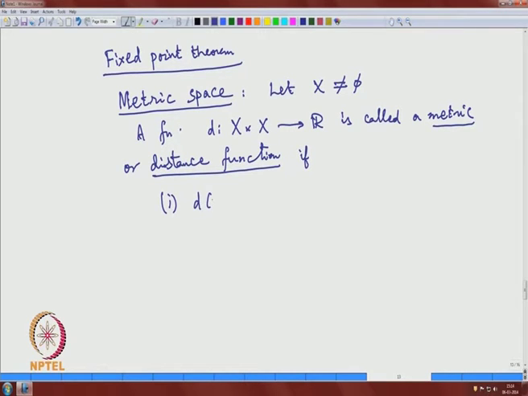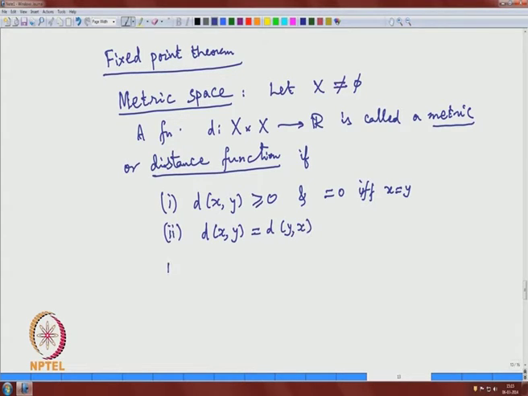If you take any two points in X, their distance is always non-negative and equal to 0 if and only if x equals y. This property is referred to as positive definiteness. The second one is symmetry: the distance from x to y is the same as the distance from y to x.